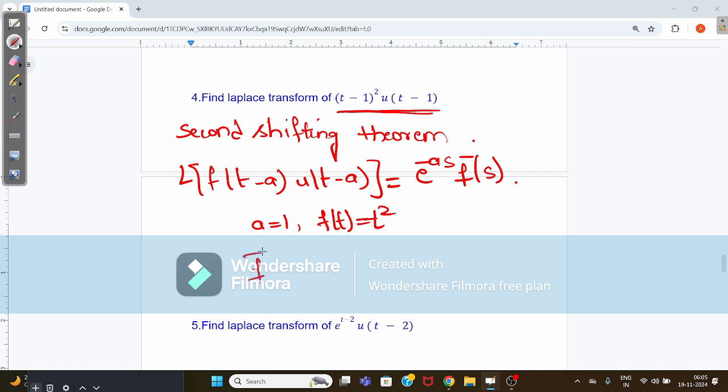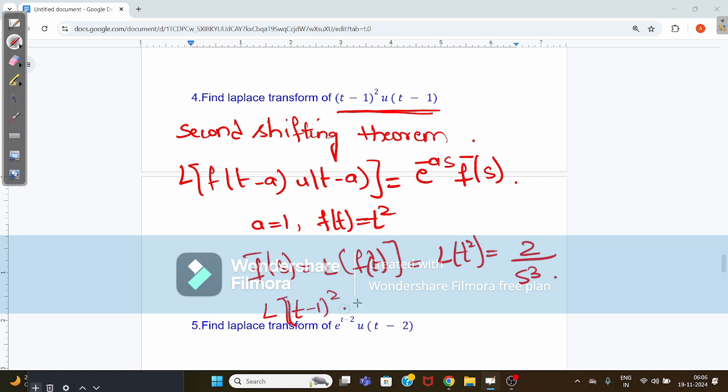So f bar of s is L of f of t, which is L of t square, which can be written as 2 by s cube. So L of t minus 1 whole square u of t minus 1 can be written as e power minus s into 2 by s cube, which is the required answer.